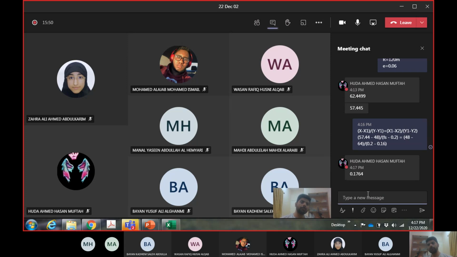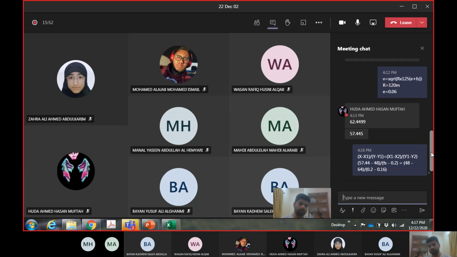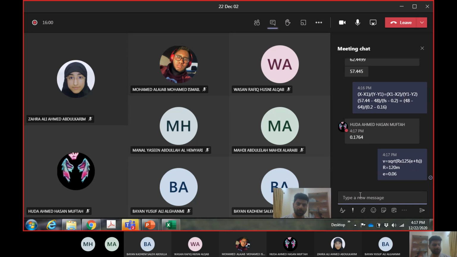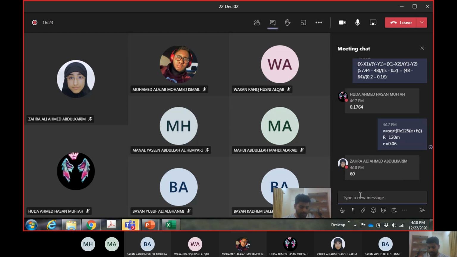So now in the above equation, let me put the equation back again. In this equation, now put Fs as 0.18. 0.176 means 0.18, right? So now put Fs as 0.18 and see how much speed you are getting. Okay, so speed is 60.